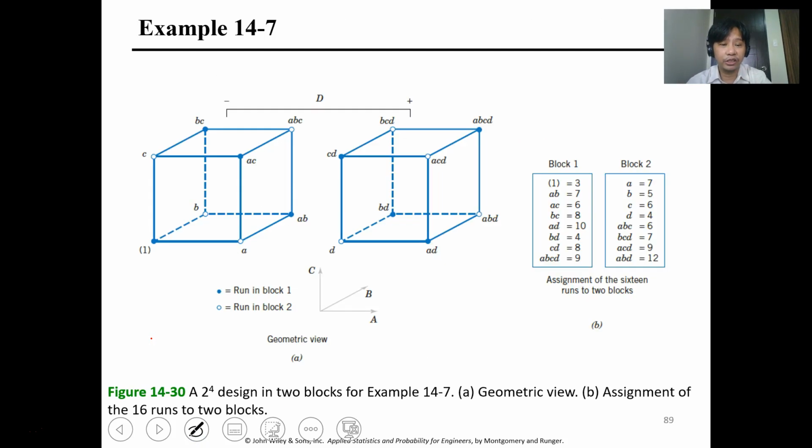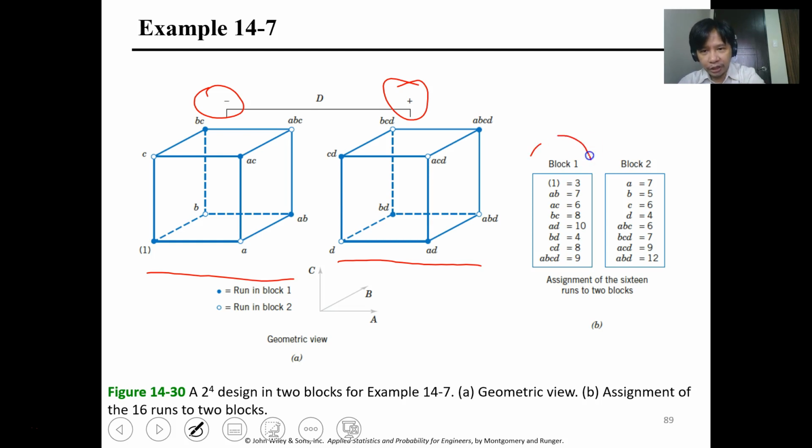So, here is the experimental design. That is the confounding. These are the two operators. In one, D is negative; in the other, D is positive. That became the basis of the block design. Here is our block design, where the D component is negative in block 1 and positive in block 2.